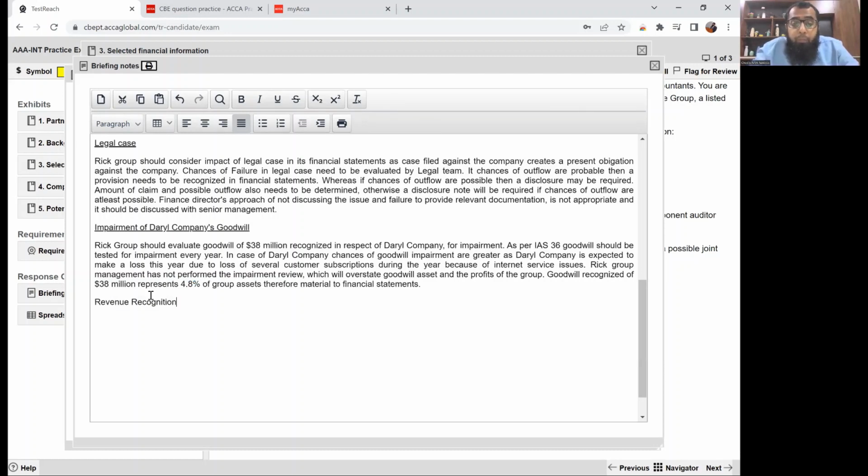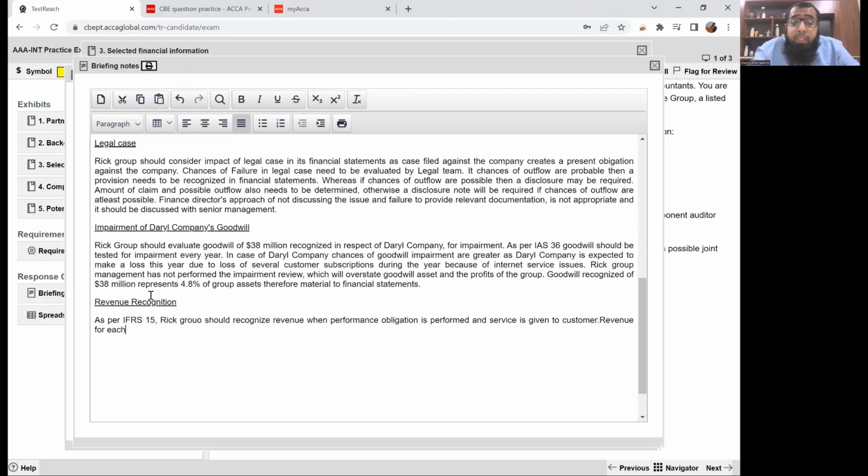Now, this is an accounting issue, so you can simply comment on the correct accounting treatment first. As per IFRS 15, RIG Group should recognize revenue when the performance obligation is performed and service is given to the customer.